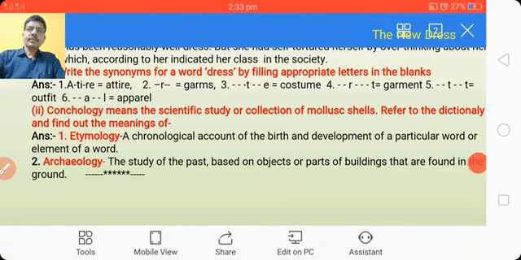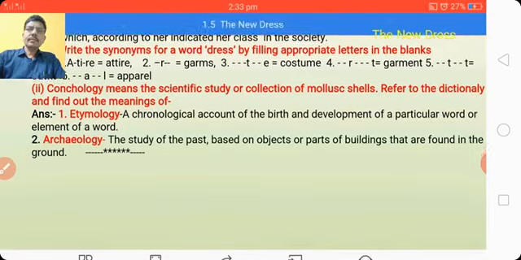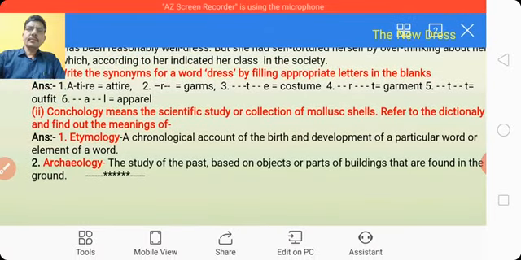And number two, archaeology, the study of the past based on objects or parts of buildings that are found in the ground. Friends, in this way we have seen the brainstorming on the new dress. We will see the other things in the other video.